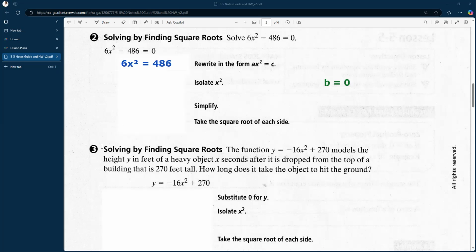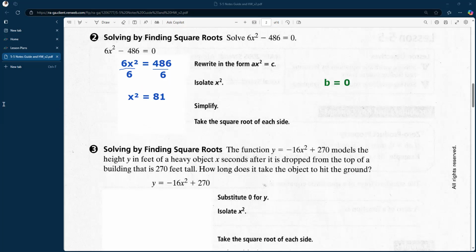I'm going to isolate the x² term by dividing both sides by 6. And when I simplify that, I get x² = 81 because 486 divided by 6 is equal to 81.